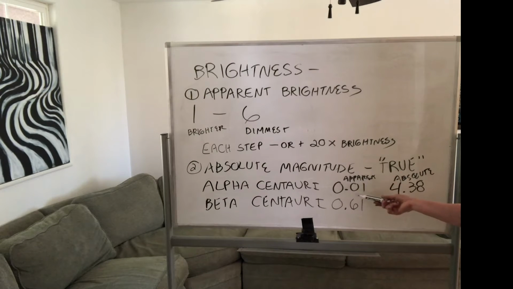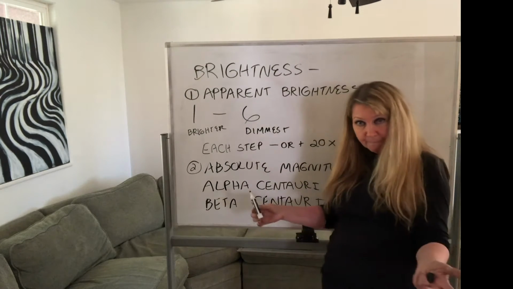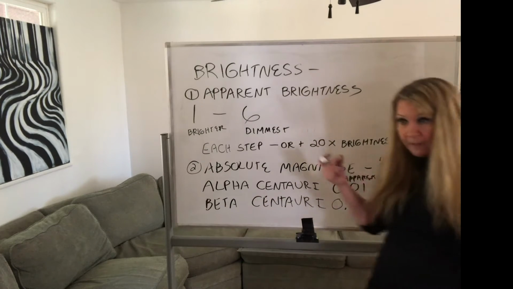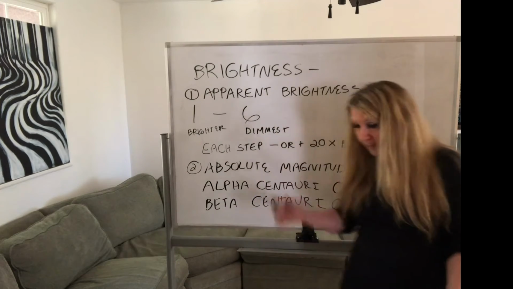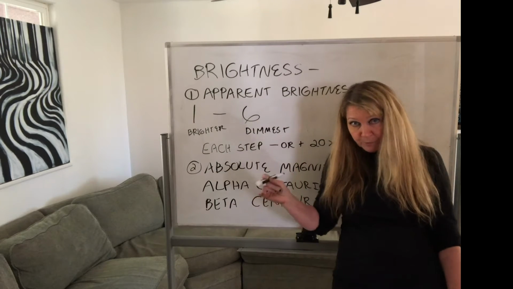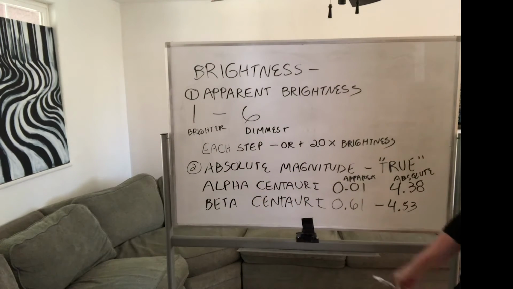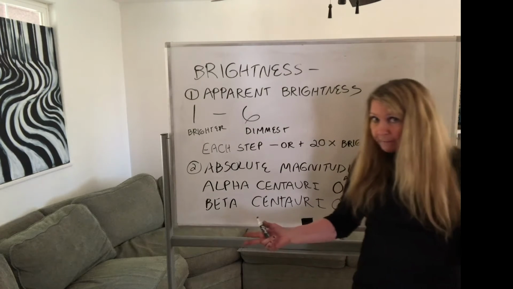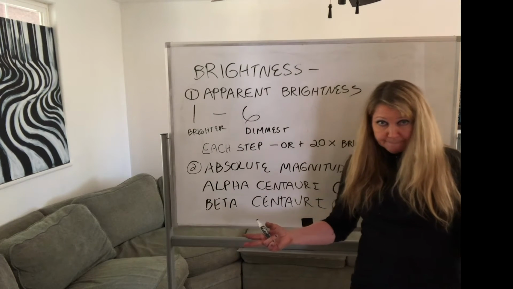In fact, Alpha Centauri is a little brighter. However, when we look at their absolute magnitude, how bright they are in reality, Beta Centauri is much, much, much brighter. Alpha Centauri just looks brighter because it's closer to us.